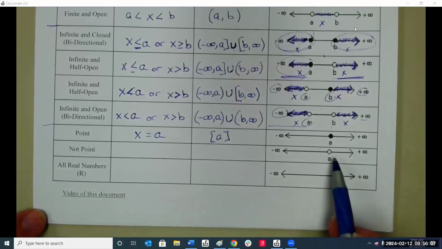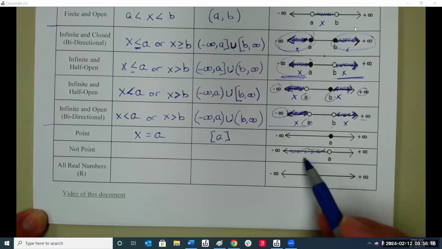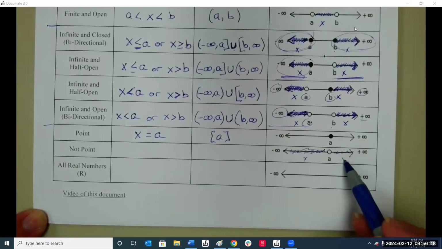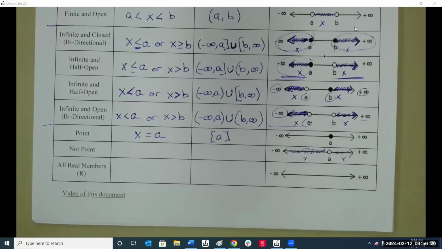What if you don't want A? Everything else but A. In other words, I want all of these or all of these, but not that one. How would you do that? Take a guess.